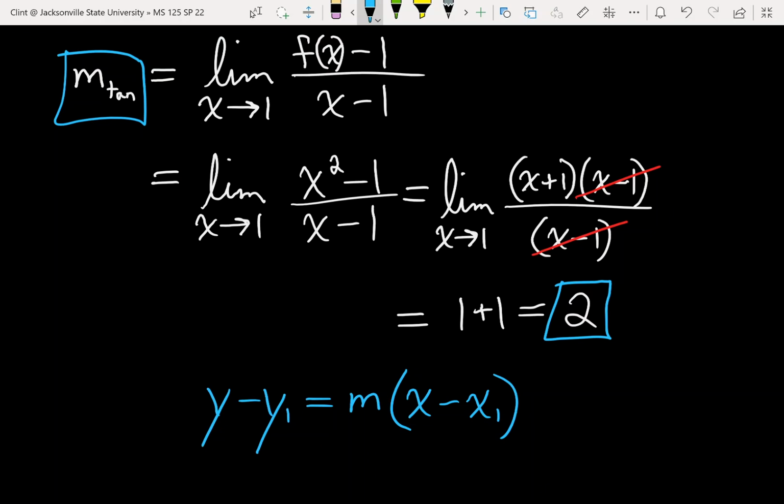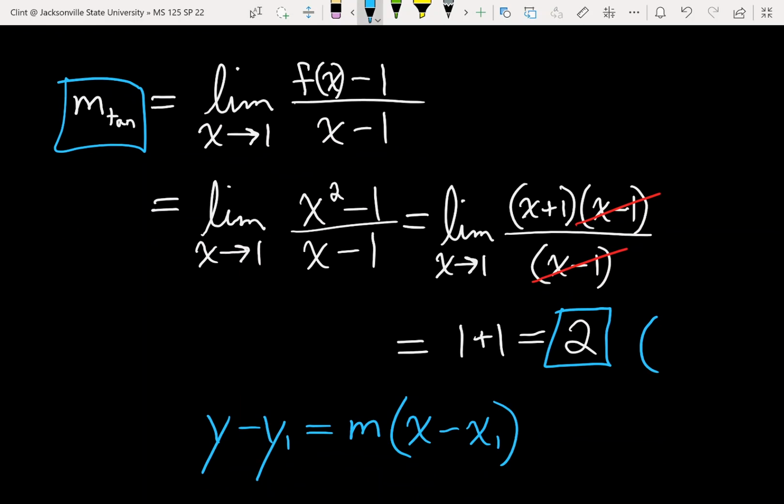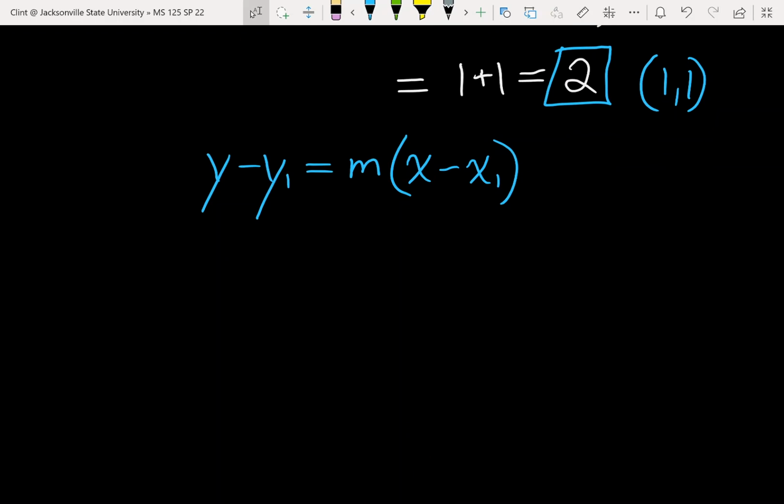So there's our slope, and the point we care about on this one, point P, is (1, 1). So we can use our slope of 2, our point (1, 1).